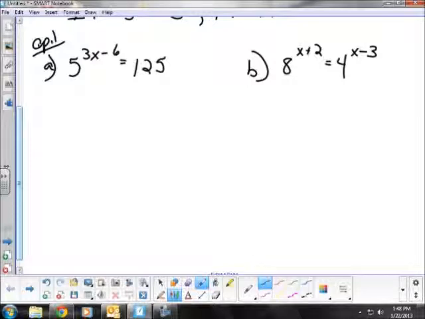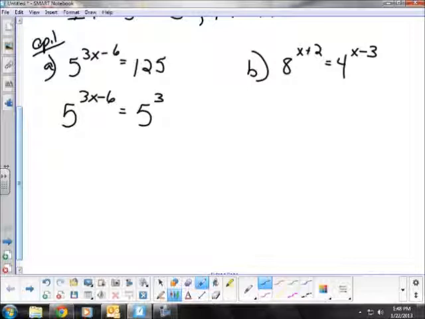125 is a power of 5, right? So I can rewrite this, and that's 5 to the 3x minus 6 is equal to 5 to the third, because 5 times 5 times 5 is 125. Since I can write it like this, this becomes a very simple problem, because we're going to use this theorem that says if I have like bases and they're raised to two different exponents, the only way that can be true is if what?